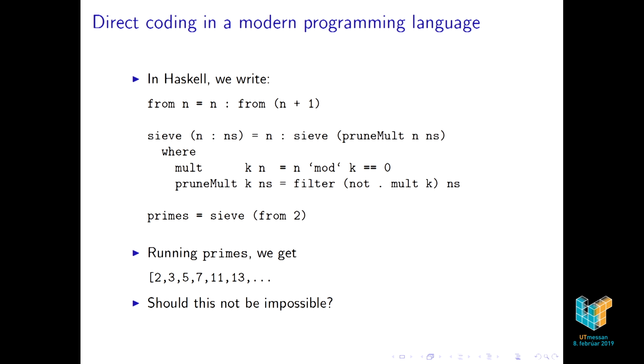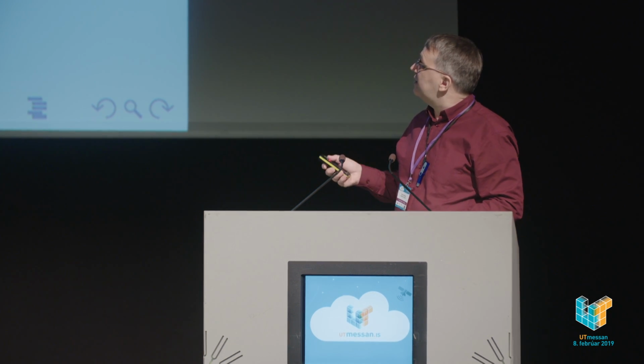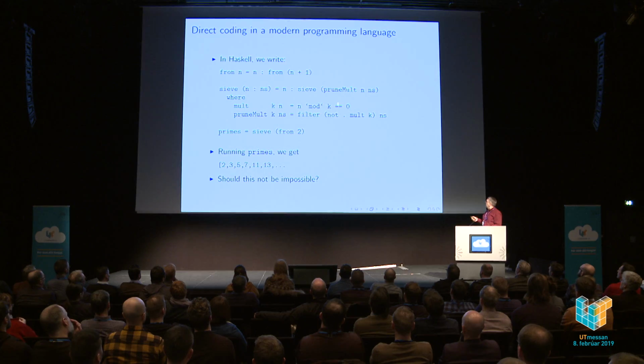So you put down 2, and then from of 3 gives you all numbers. This should take infinitely much time, but it doesn't, as we will see. And then you sieve what you've got. So what you do, you put the first number aside, you prune the rest, which is ns, of all the multiples of the first number, which is n, and then you apply sieve to it again.